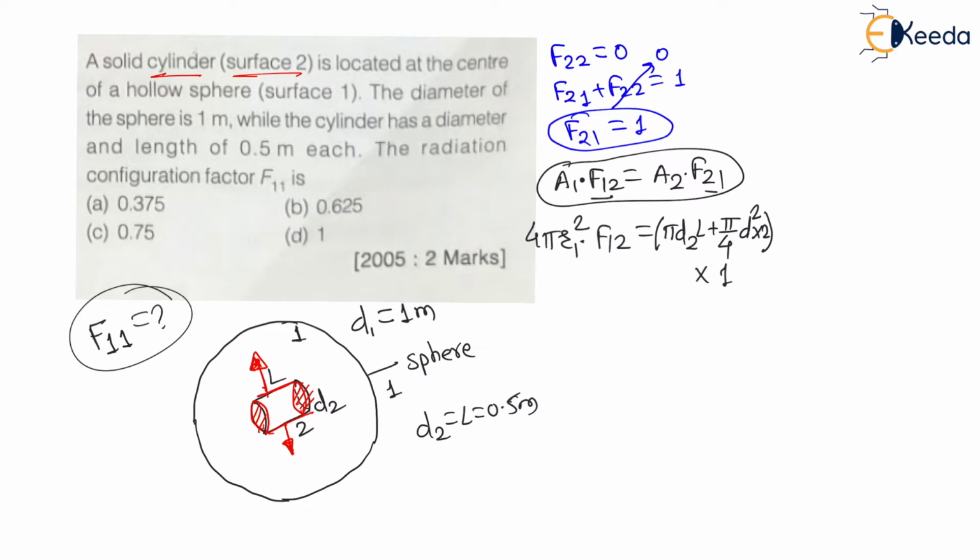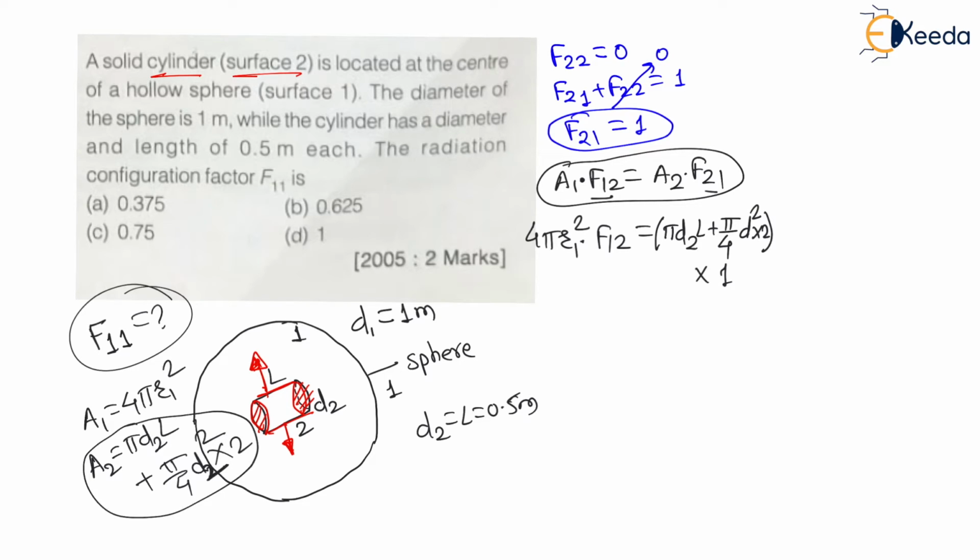Now concentrate on this, it is very important. Here area 1 is 4 pi r1 square, but area 2 is pi d2 L, the surface area of the cylinder, plus pi by 4 d2 square, the cross-section area of the cylinder, but there are two cross sections available for the heat exchange. This will be area 2.